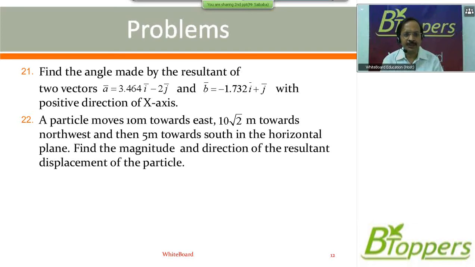The particle moves 10 meter towards east, 10 root 2 meter towards northwest, and then 5 meter towards south in the horizontal plane. Find the magnitude and direction of the resultant displacement of the particle. We can look at the solution of this problem.